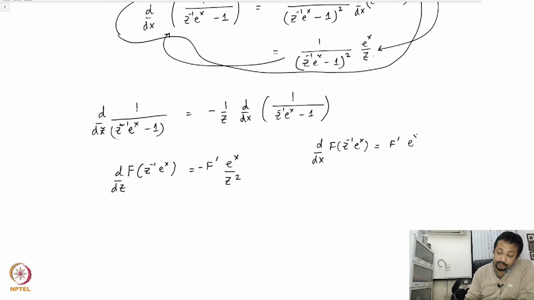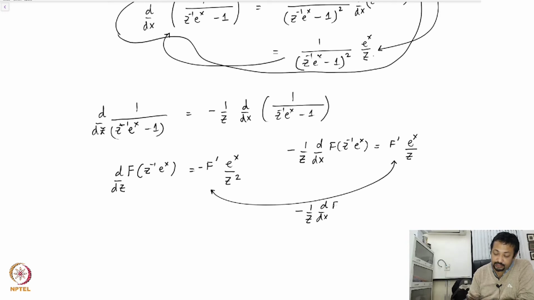You're going to have eˣ over z, and if you compare this and this, then you realize d/dx of f of z⁻¹eˣ is actually minus z square times d/dz of f of z⁻¹eˣ.